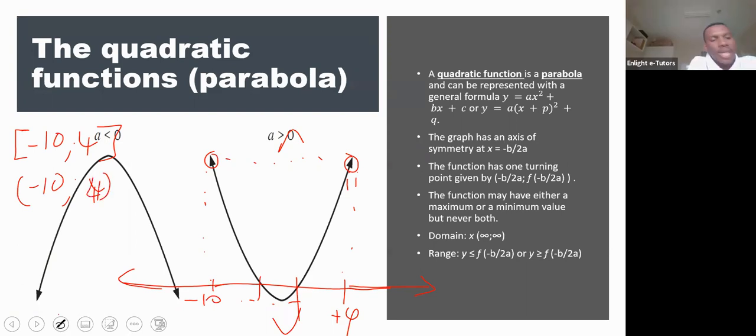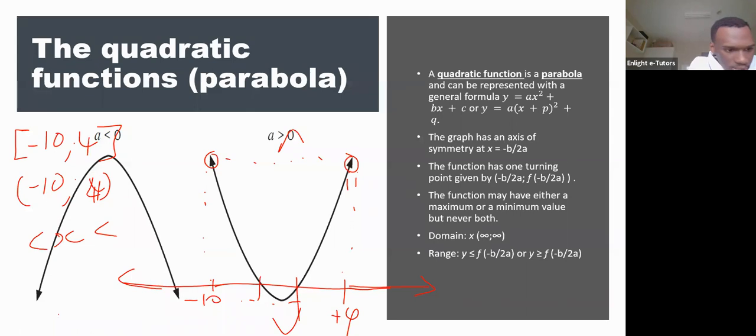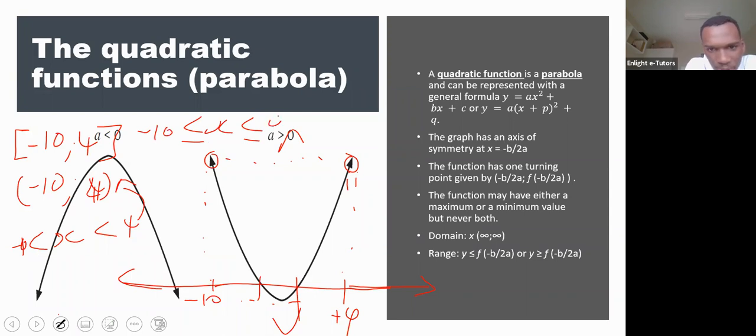If you want to write it in a different way, you can say x is between -10 and 4. This one is for the exclusive one. But for the inclusive one, you say x is greater than or equal to -10, up to 4.